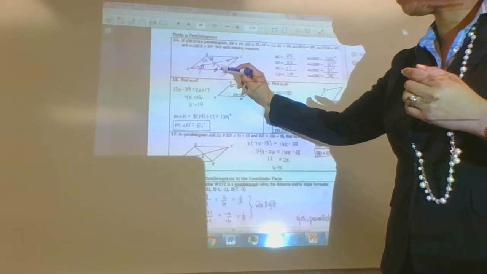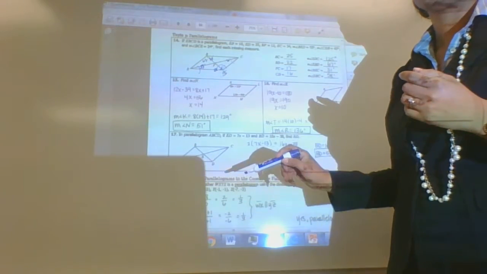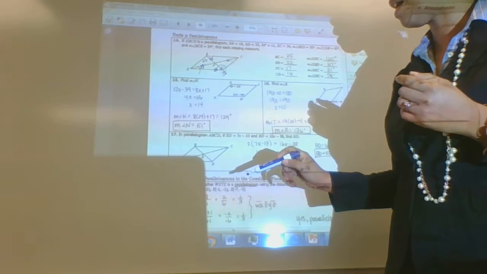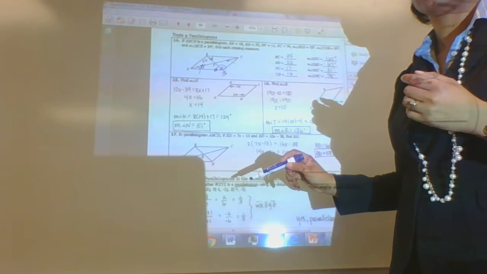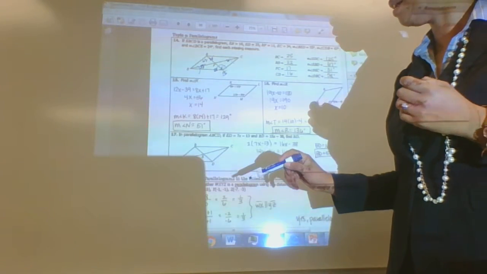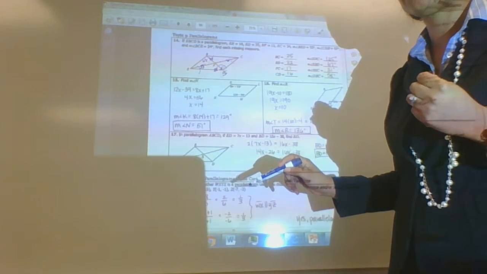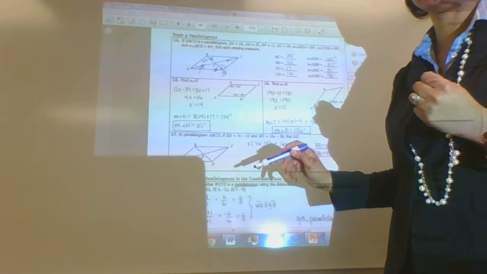That's 58 plus 67. Do they not equal 125? 58 and 67?